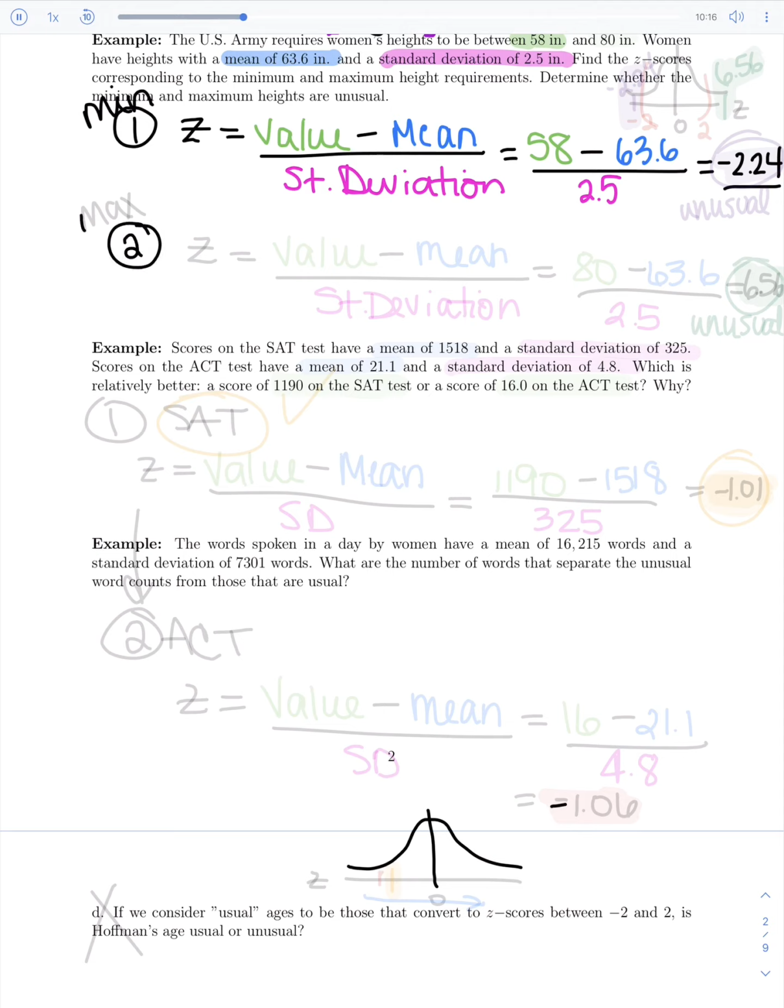The value we're converting now is the 80. The maximum height was 80 inches, so we'll use 80 minus the mean, which has not changed, it is still 63.6, divided by the standard deviation, which is still 2.5. So we do 80 minus 63.6 divided by 2.5, which is 6.56.